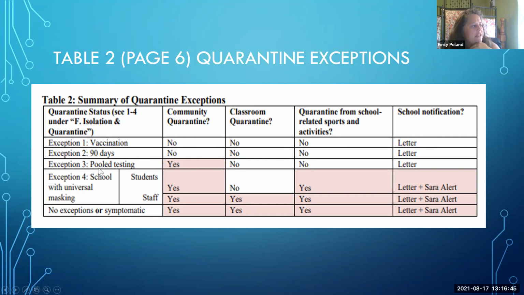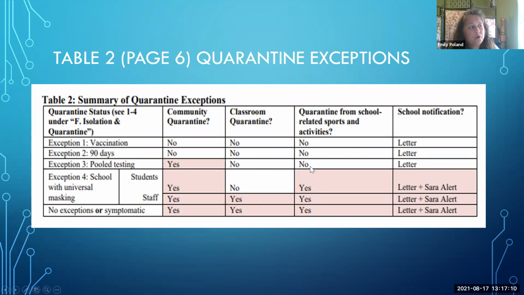Then we have pooled testing. You might not even have to look at pooled testing, because if your school's not doing pooled testing, this isn't an option for you or for any of your close contacts. So if your school is doing pooled testing, is this person that is identified as a close contact participating in pooled testing? If that answer is yes, then they do not have to quarantine from the classroom.